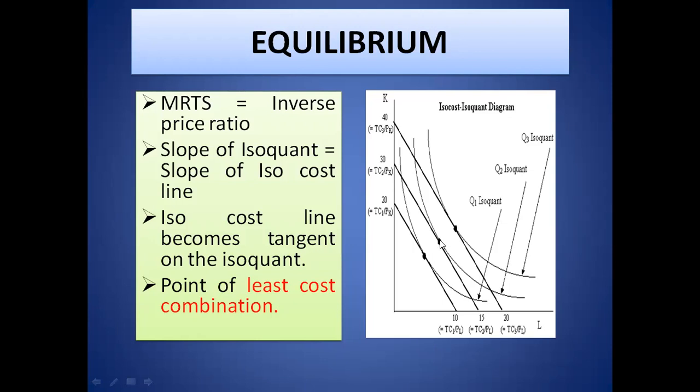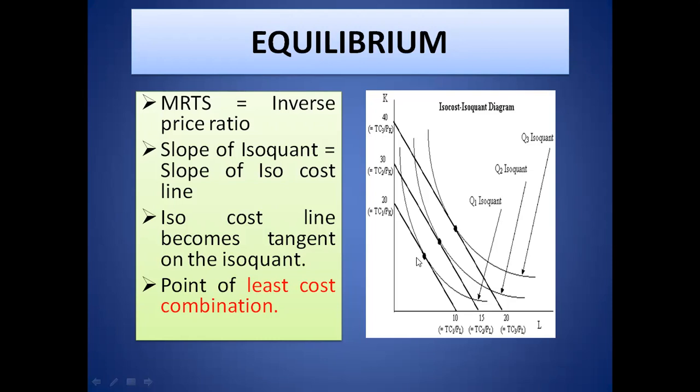For the second isoquant, here is the point. For the third isoquant, here is the point. These are the points where the isocost line just touches the isoquant, or we can say the isocost line is tangent to the isoquant. That's why the name comes, tangent.